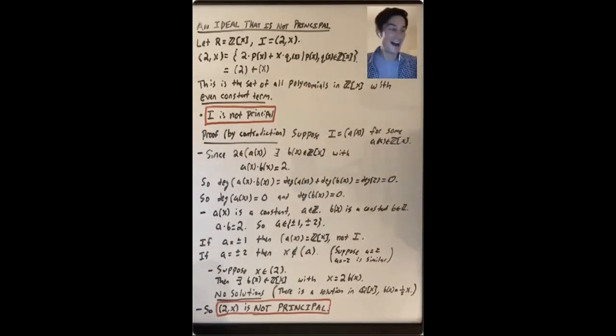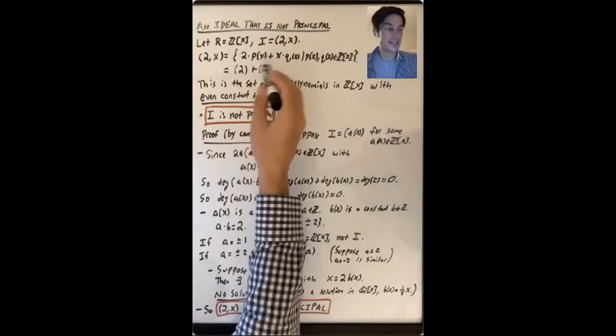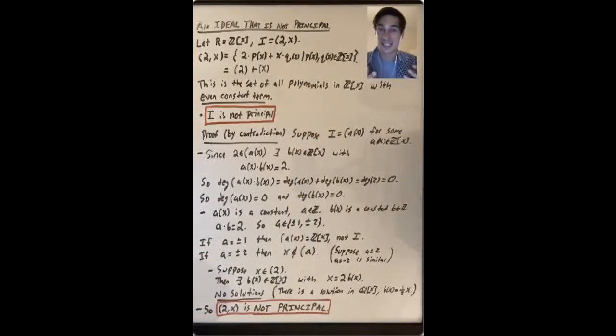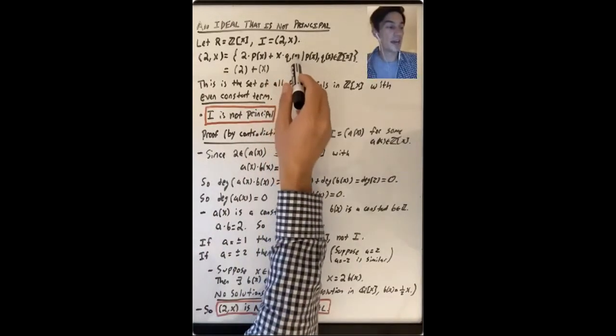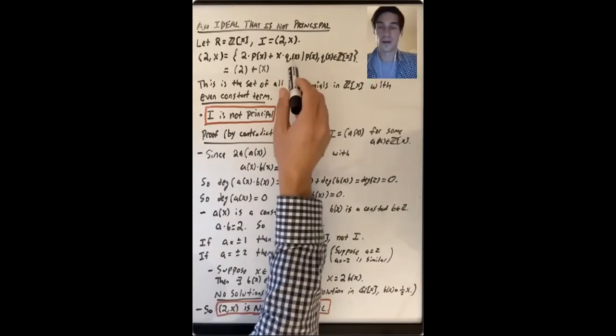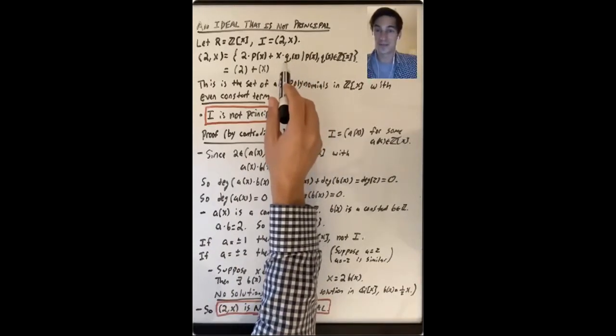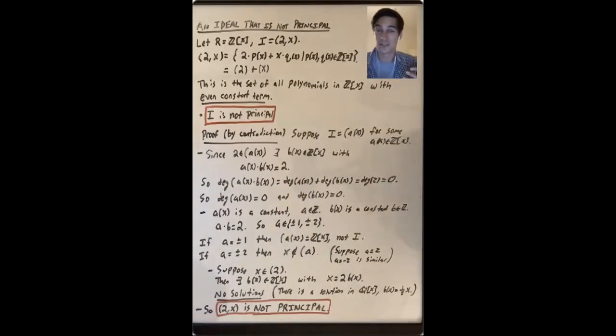Again, this is another instance where we're seeing that this is the same thing as the sum of the ideal generated by 2 and the ideal generated by X. So what's in here? Well, X times Q(X) has constant term equal to 0, because all of the non-zero terms have degree at least 1, since there's a factor of X. In 2 times P(X), all of the coefficients are even.